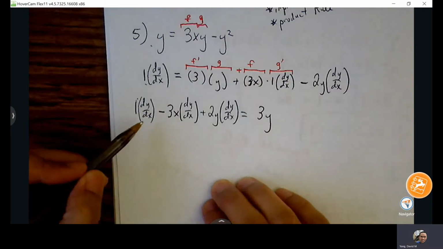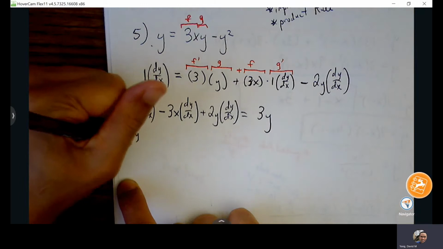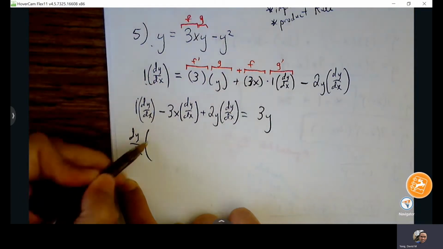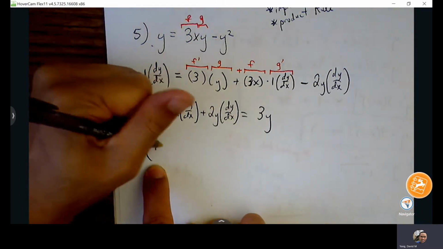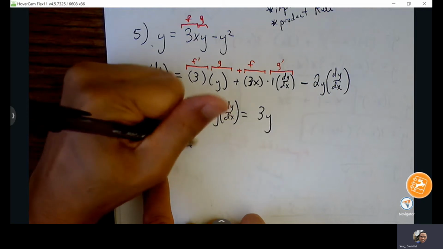Okay, I can take out a GCF of dy dx. And having that 1 there is helpful because we know there's still a 1 left over here, right? So it's 1 minus 3x plus 2y.